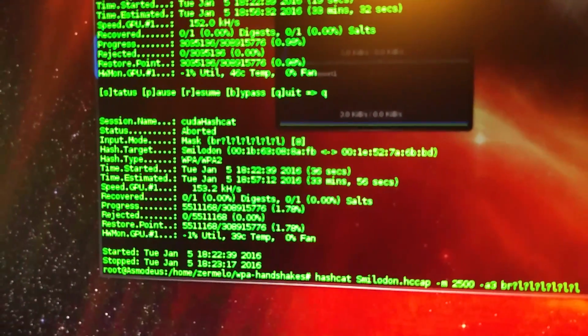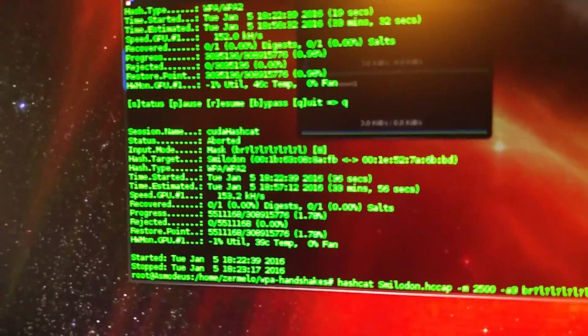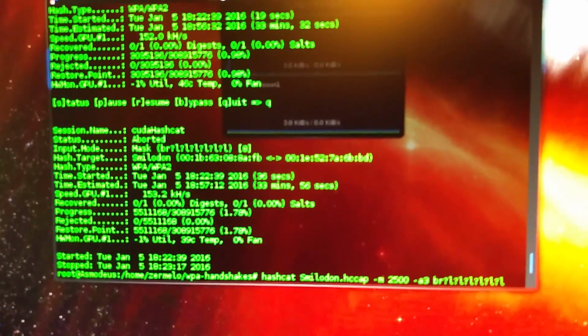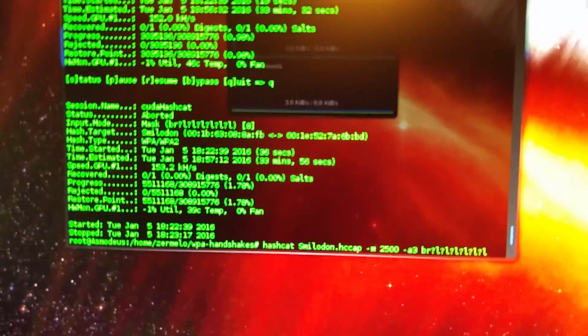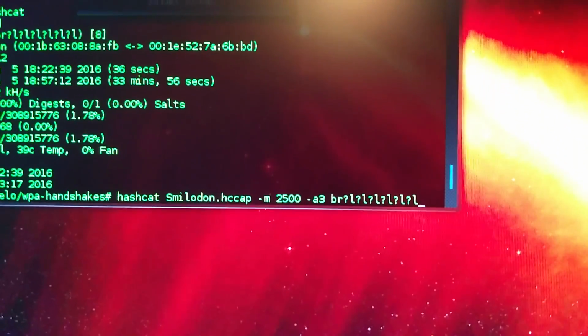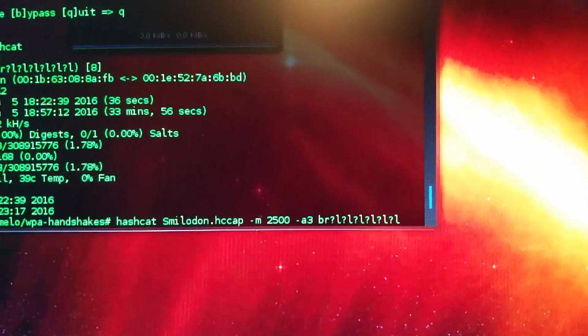If you look at the CPU alone, it was only running 6,000 keys a second. So it's one of the reasons why WPA is hard to attack on a brute force level. Anyway, that's a whole other video. So we're just going to run it. We're not actually going to wait for the password to break.